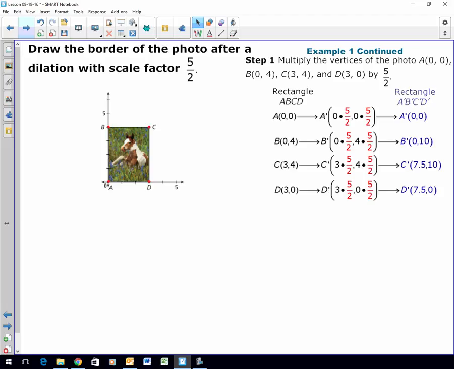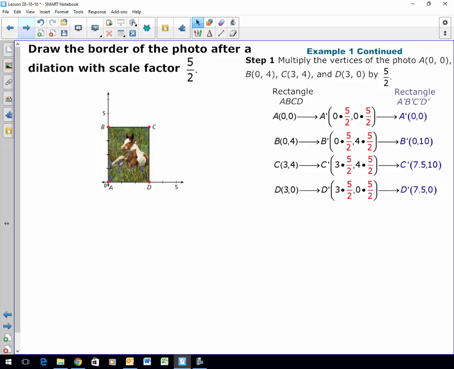So here's what you do. Take each coordinate point, 0, 0, 0, 4, 3, 4, 3, 0. Multiply each coordinate point by your scale factor. It's not incredibly hard, is it? 0 times 5/2.